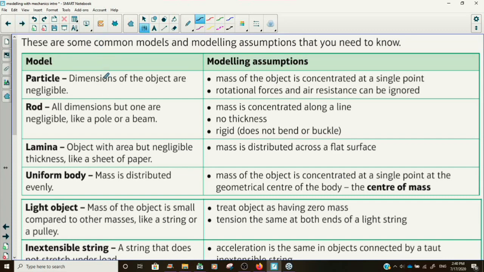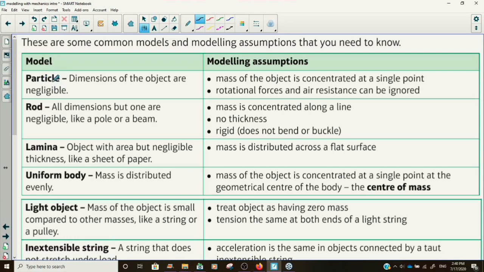Here's a list of modelling assumptions and how we modify our model. What do we do with the actual physical objects involved? How do we change them, and what modelling assumptions do we make? So as an example, a particle: we might model an object as a particle, which means that it has mass but it has no dimensions.